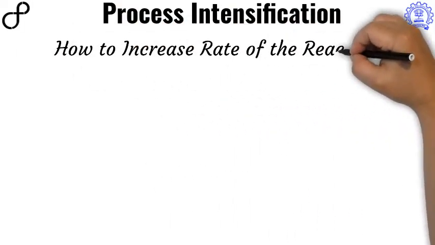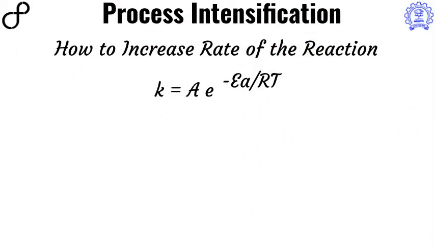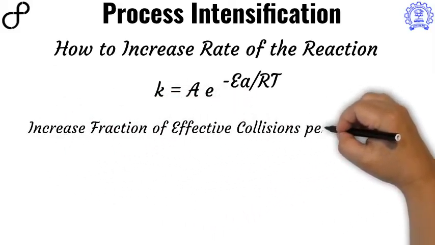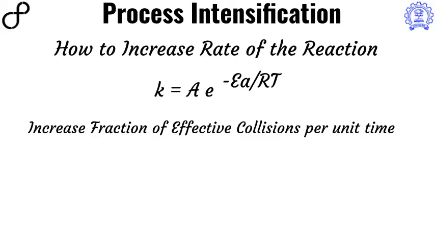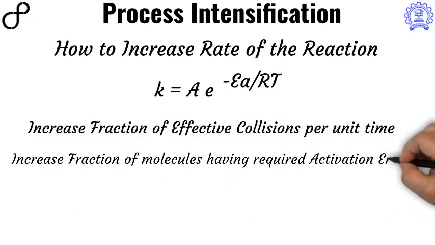Now, let us look into how to increase the rate of the reaction, which in turn leads to process intensification. We have to increase the number of effective collisions and the fraction of molecules having required activation energy. Also, note that the maximum rate which one can achieve is limited by the surface to volume ratio of the reactor.